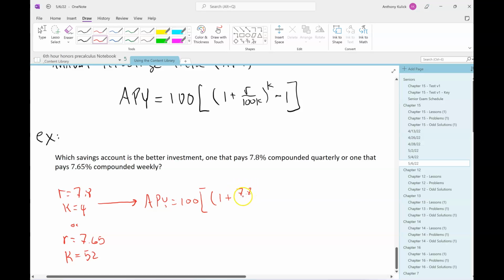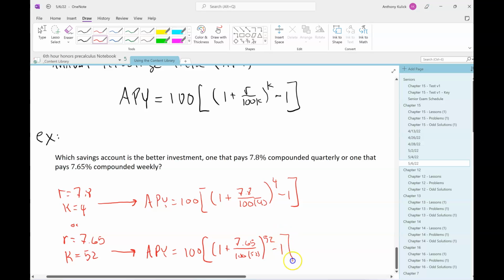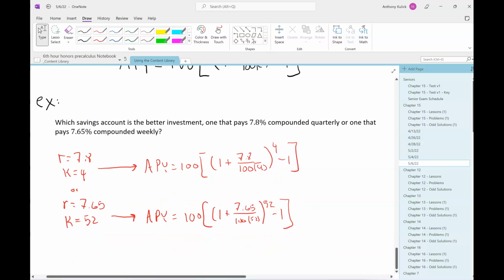That's exactly right. So I'll just write both of those down.